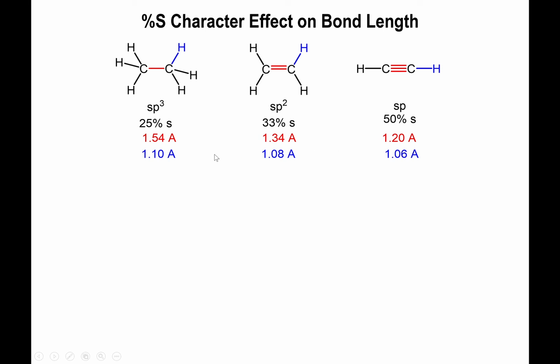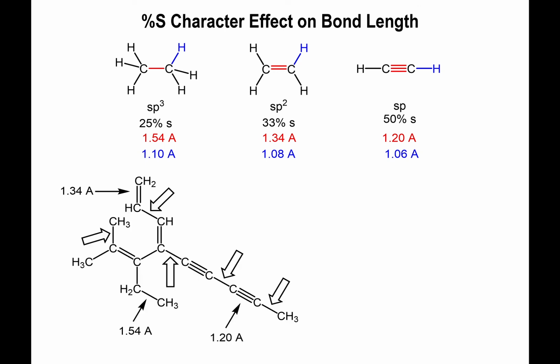Notice that the carbon-carbon bond length decreases as we go from sp3 to sp hybridization because we are increasing the S content of the carbon atoms. At the same time, the hydrogens that are bound to those carbon atoms going from sp3 to sp2 to sp are also decreasing in bond length. So you have an effect that is experimentally observed. And this is actually one of the powers of hybridization.